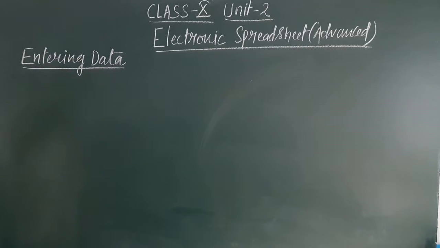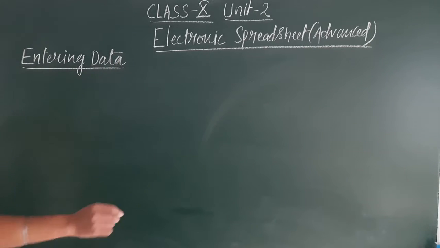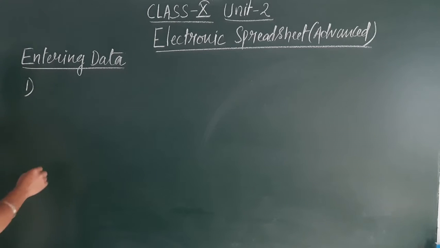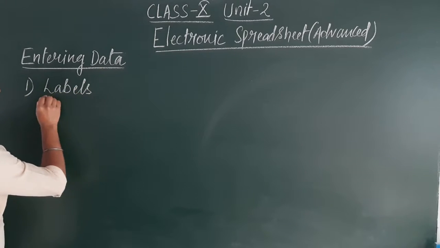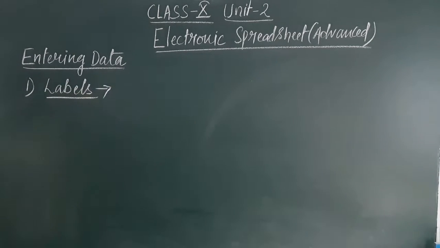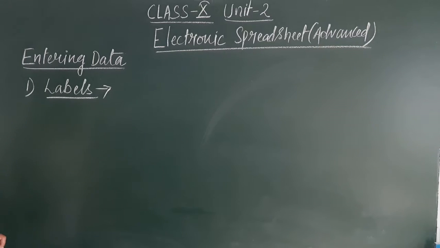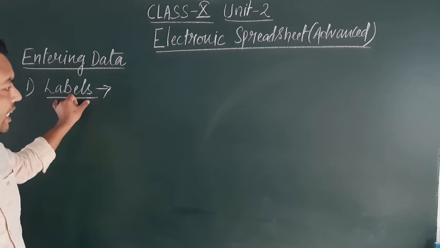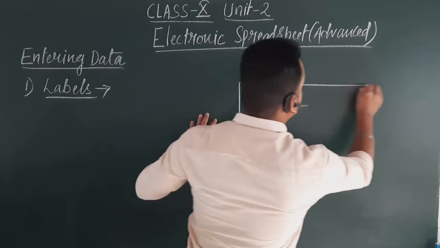So let us discuss the different terminologies which we will be encountering while entering data into our spreadsheet application. The first term is labels. Before defining the term label, let me draw a general worksheet where we are going to enter this data. So in general, a worksheet will be looking like this.